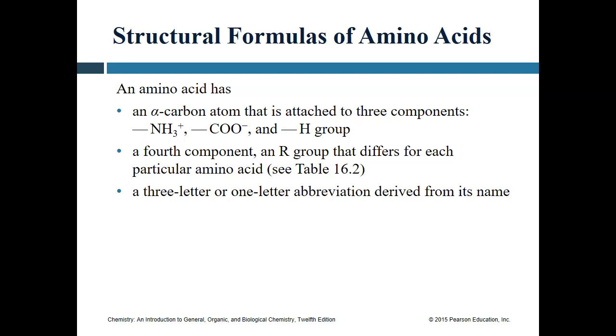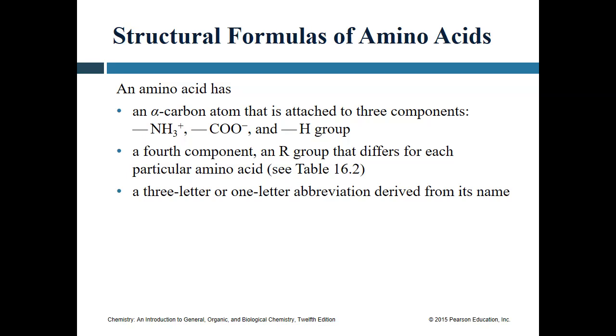So structurally speaking, again, just to recap, an amino acid is always going to have an alpha carbon group. That's going to be the middle of that amino acid. Attached to it on one side is going to be a carboxylic acid group. Attached to it on the other side is going to be an ammonium group, NH3+.